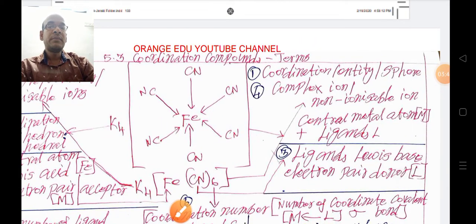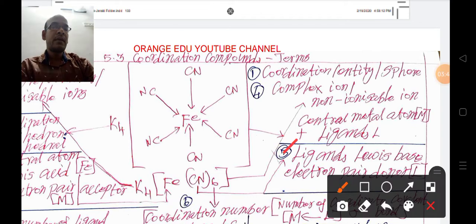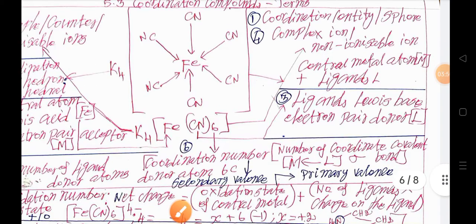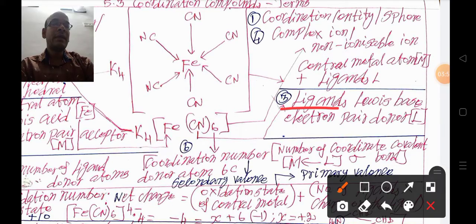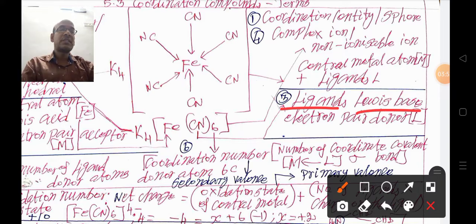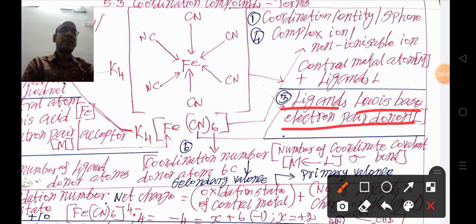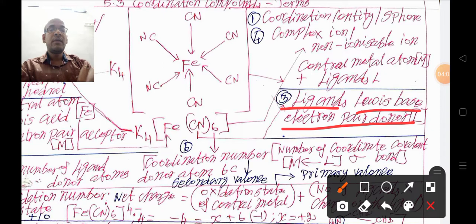Third term, ligand is called Lewis base because this ligand donates the electron pair to the central metal ion. Point number 4 is the coordination complex ion, already explained.